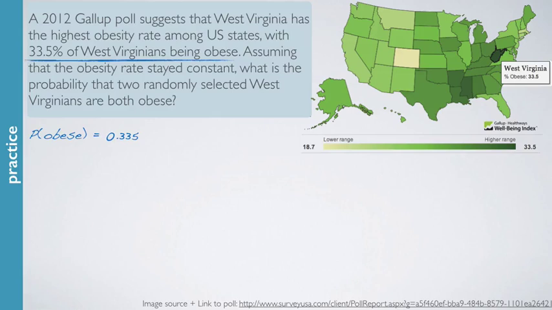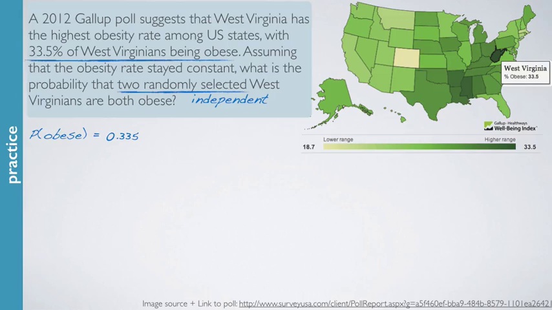It's often useful to make a list of the givens in the problem as we've been doing in the past couple examples. This helps you keep everything neat and organized, and then makes it easier for you to refer back to these values when you need them later in your calculations. We're told that the 2 individuals are randomly selected, which means that they're going to be independent of each other with respect to their obesity status.